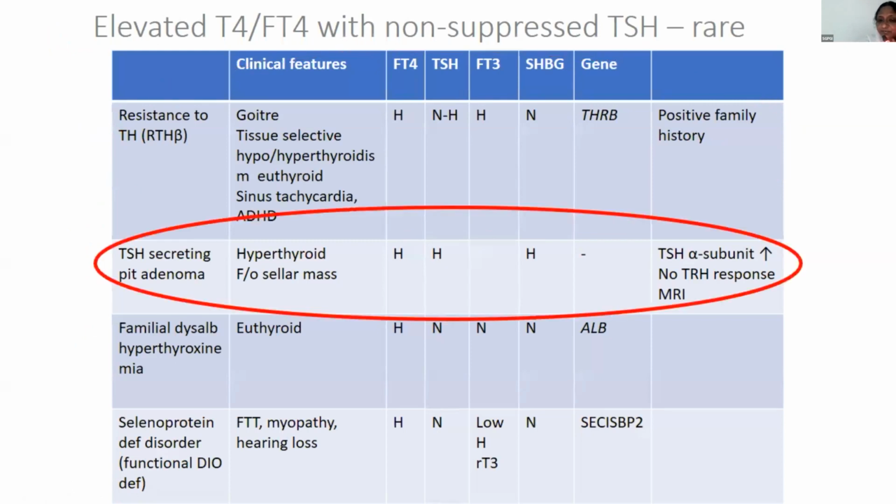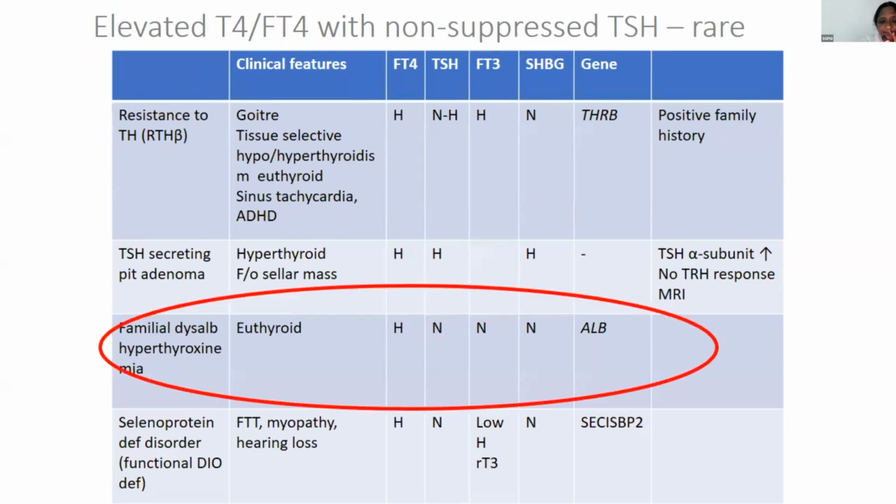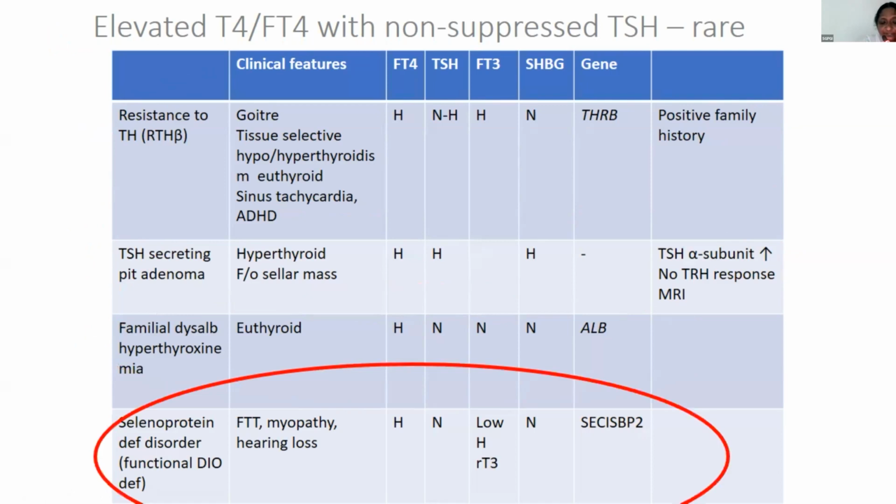TSH secreting pituitary adenoma, of course, which can be confirmed with an MRI. Familial dysalbuminemic hyperthyroxinemia. Clinically, these children are euthyroid. And selenoprotein deficiency, because this produces a functional deiodinase deficiency. They present with failure to thrive, myopathy, and hearing loss. These are specific genetic tests which can prove these conditions.